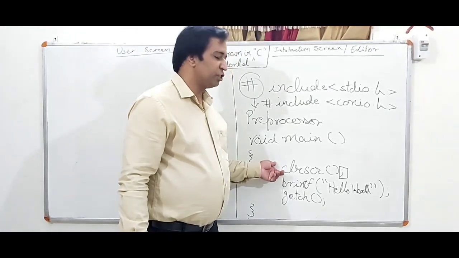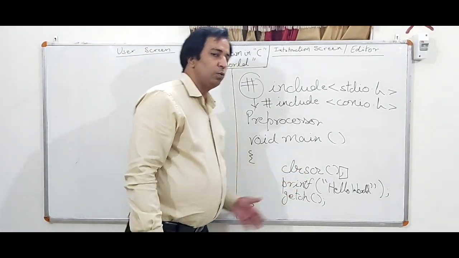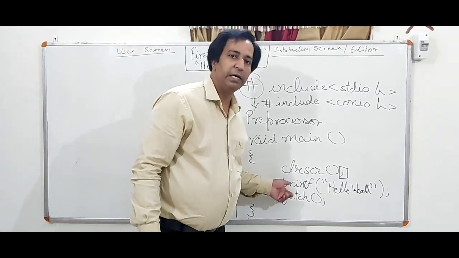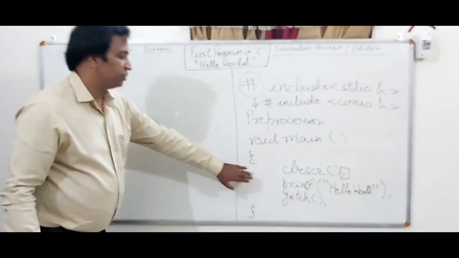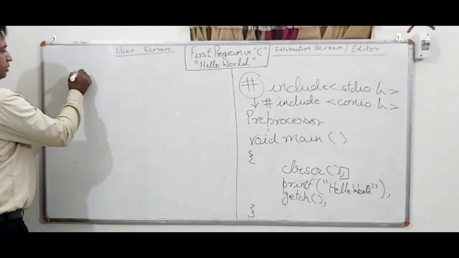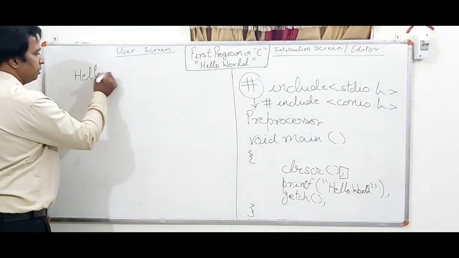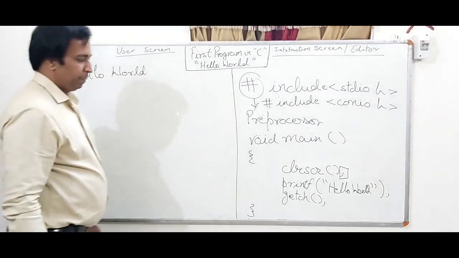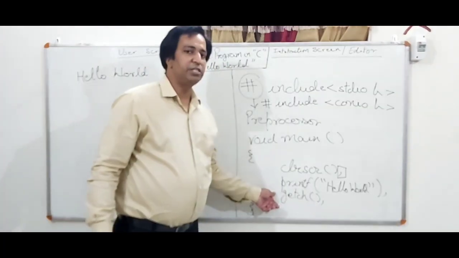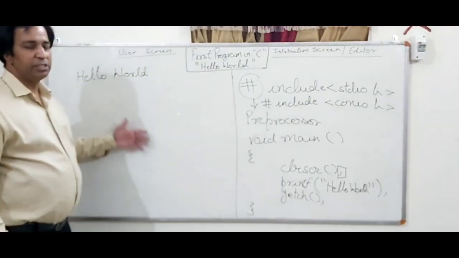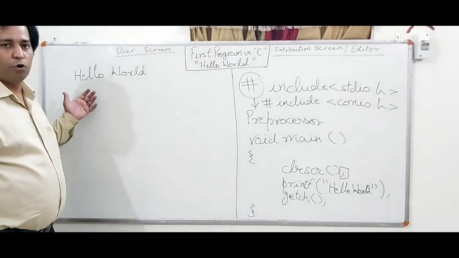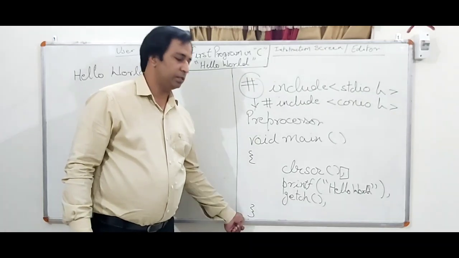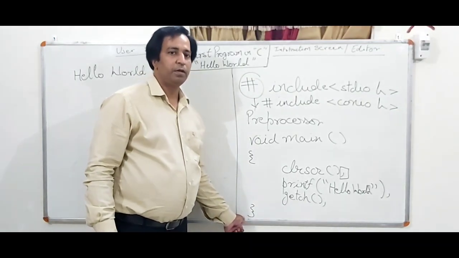The first instruction we have given is clear screen, to clear the user screen, and then printf hello world. This function will print the string hello world here. The task of the getch function is to halt the screen so that you can see the output of your program. And then we have closed this main function.